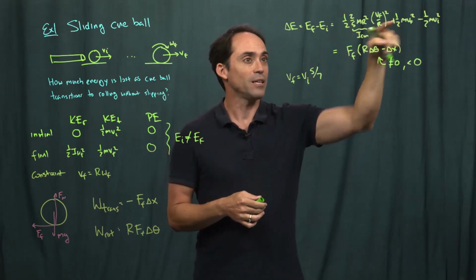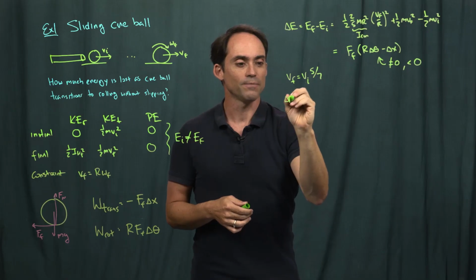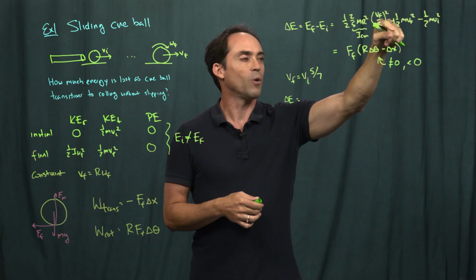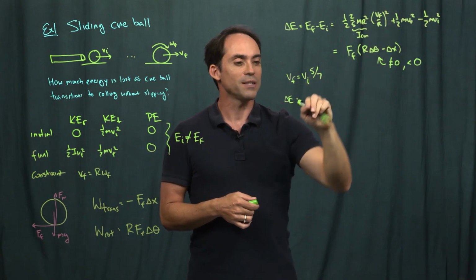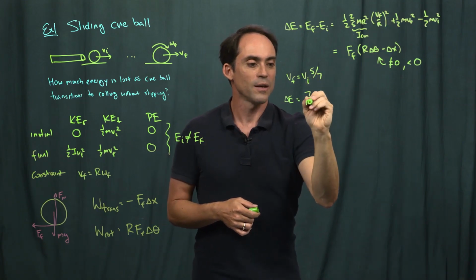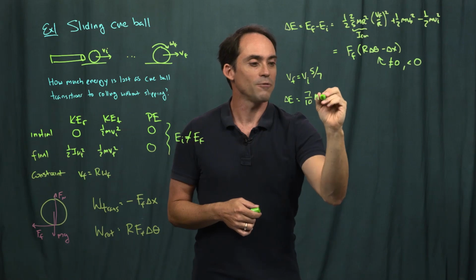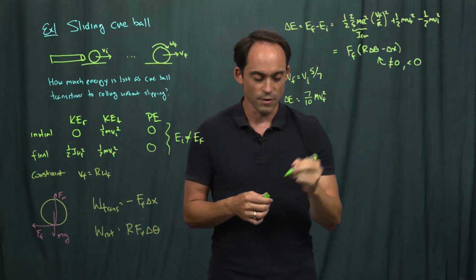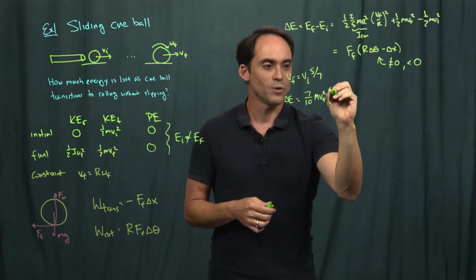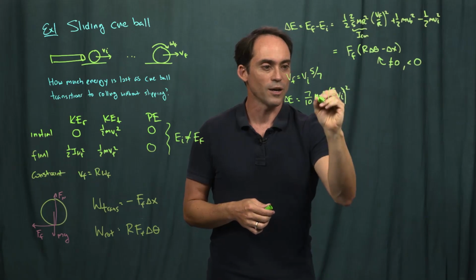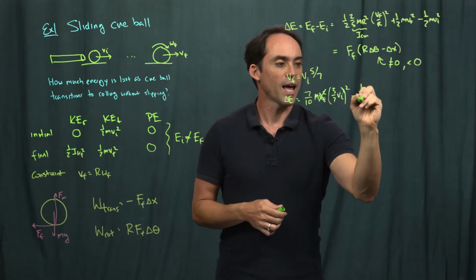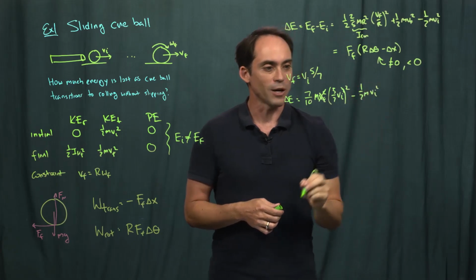Well, combining these terms, our delta E, we've got 1/5 here and 1/2, so that's going to give us 7/10 times m times Vf squared, which we'll change to 5/7 Vi quantity squared, to get rid of that term, minus 1/2 m Vi squared.